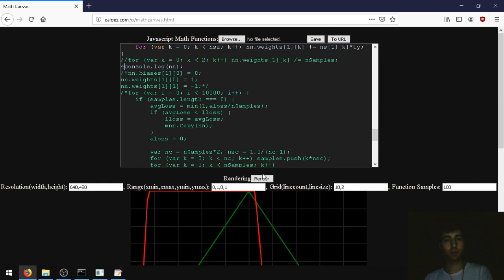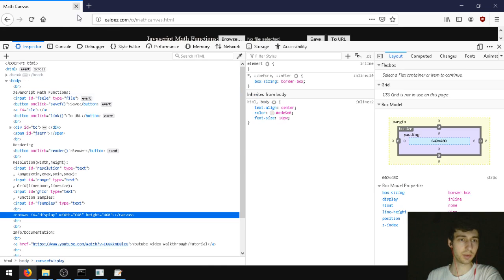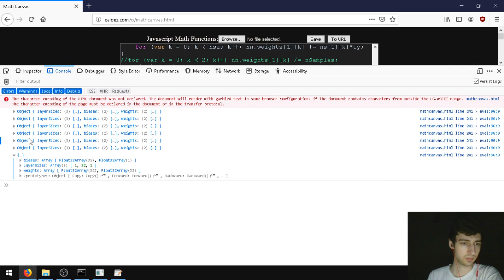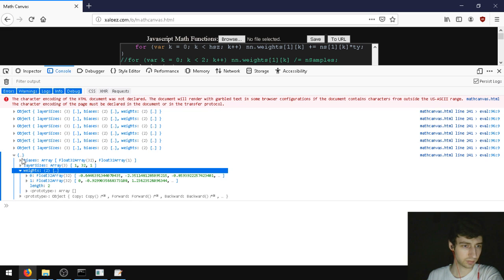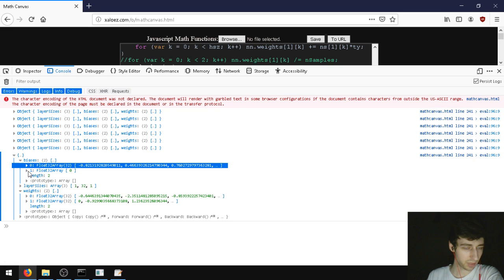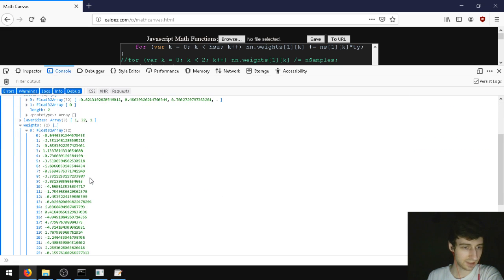If we output the neural net, let's see. What is it outputting? What are the biases like? So the biases are all over the place.